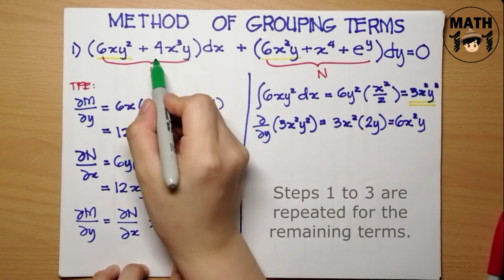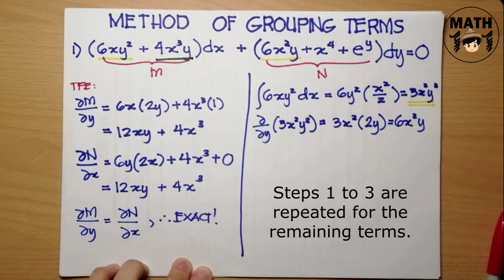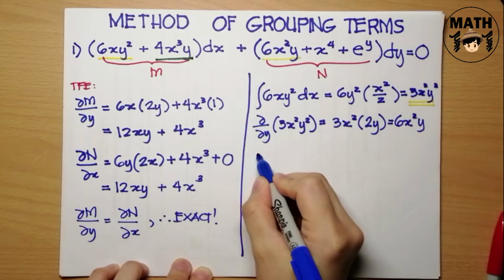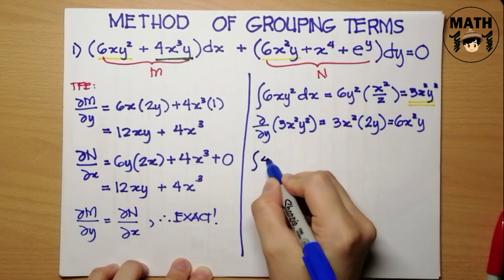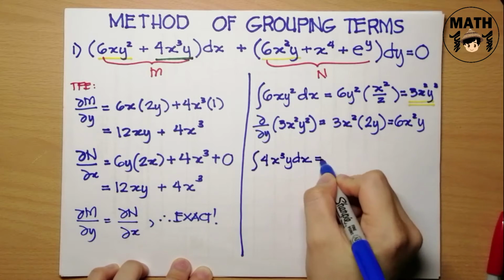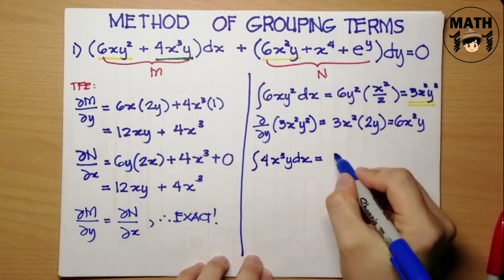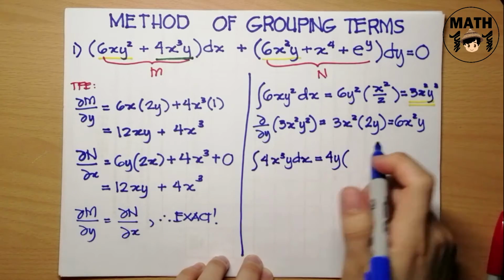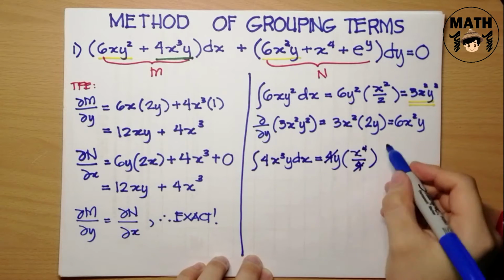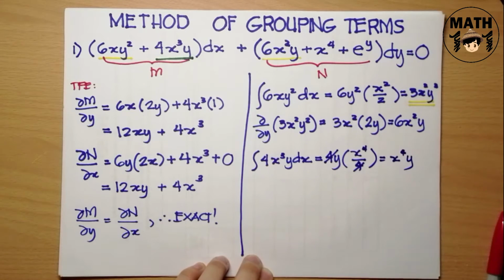Next, let's pick up this second term, 4x cubed y dx. Again, dahil kasama siya ni dx, i-integrate natin siya with respect kay x. So, the integral of 4x cubed y dx is equal to, si y taken as constant, the integral of x cubed is x to the fourth over 4. Simplify, x to the fourth y.